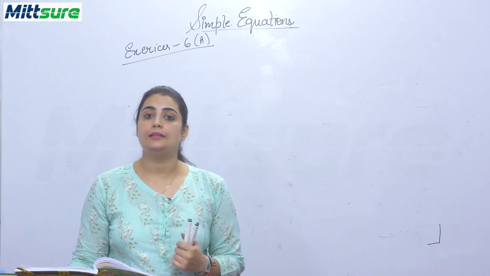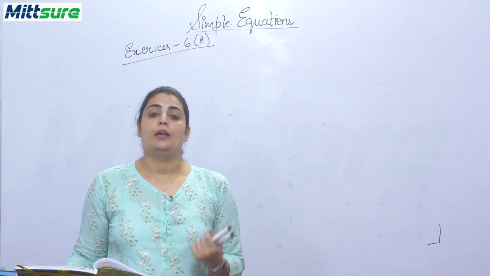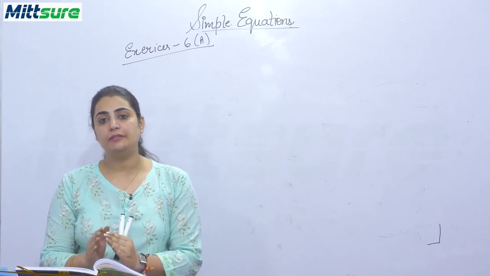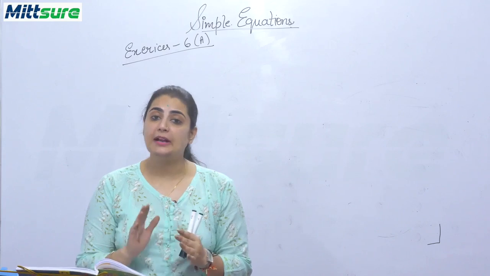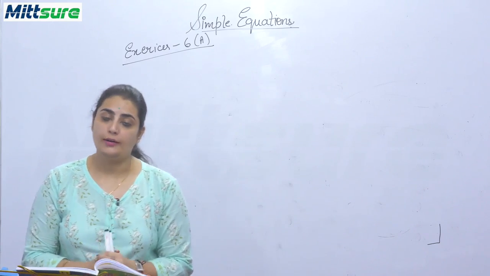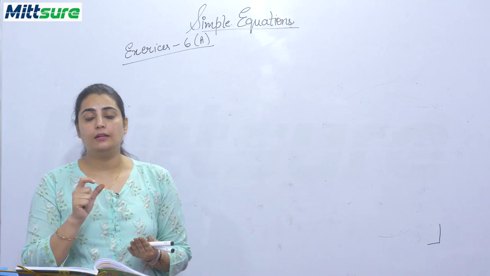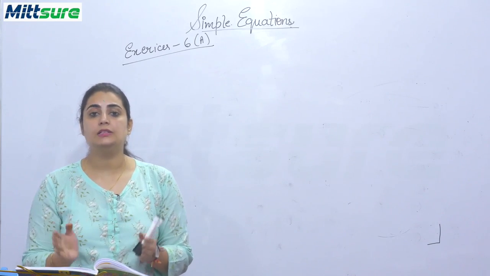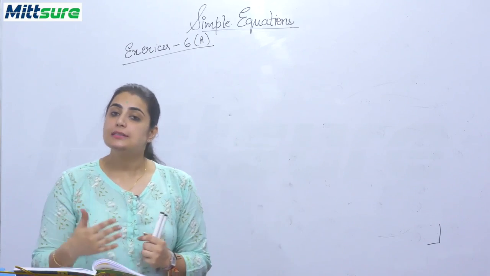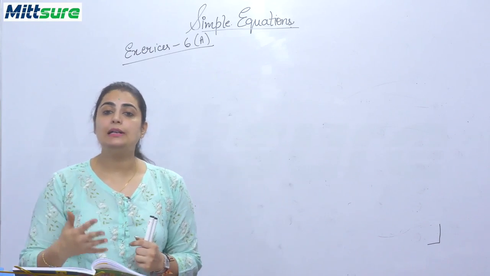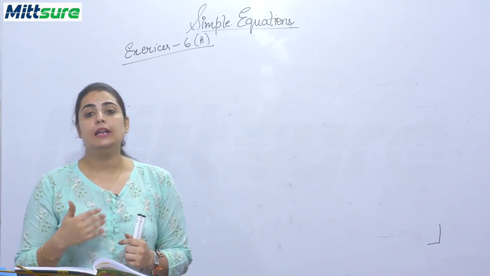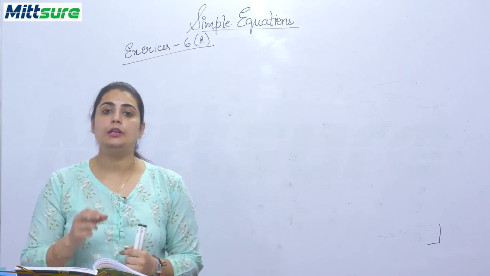In that method, we use a series of values for the given variable, substitute each value in place of the variable, and check whether the two sides of the equation are equal. When both sides come out the same, we reach a solution of that equation.